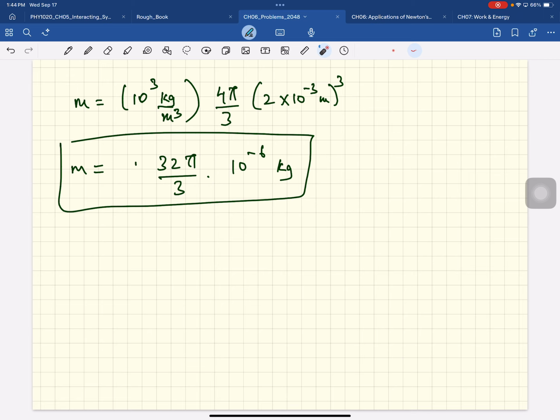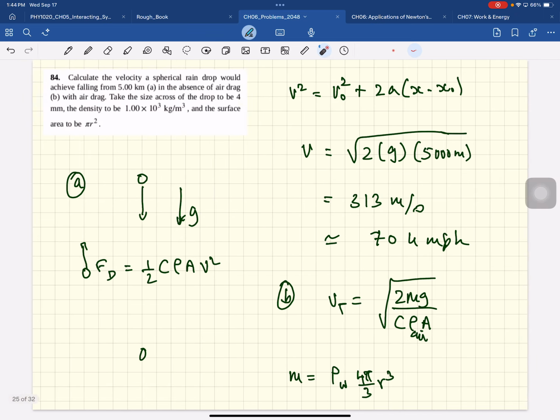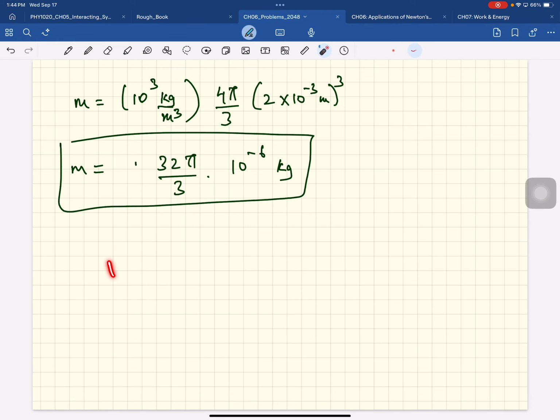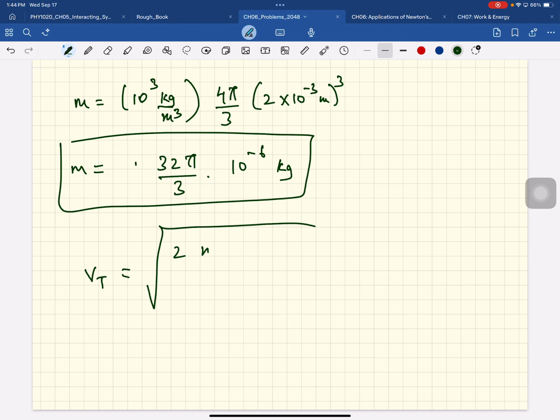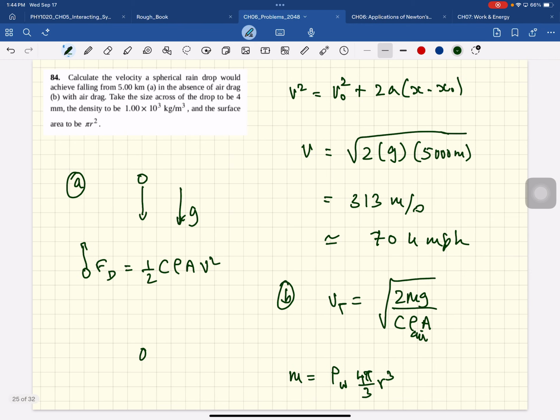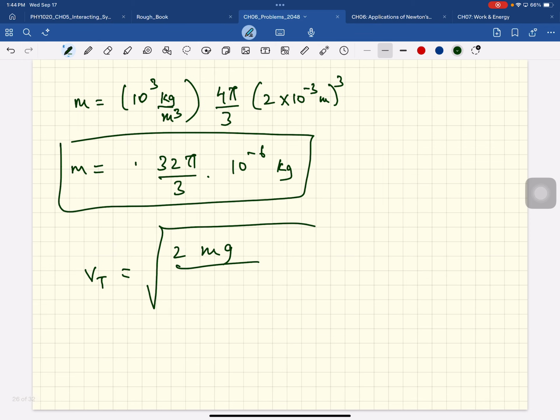All right, so let's calculate. So now we'll put that in here. So the terminal velocity is the square root of 2 mg over c, density of air, and area of cross section.